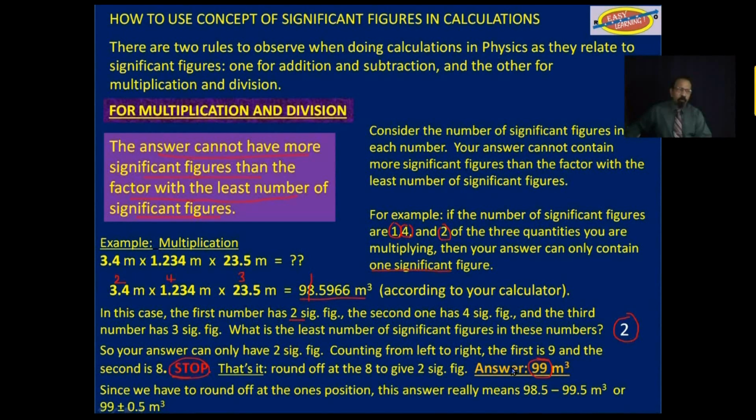Since we are rounding off at the ones position, then it is 0.5 more or 0.5 less. So we would normally write our answer as 99 plus or minus 0.5 cubic meters. If we want a range, it is 98.5 to 99.5. Now that's for multiplication.